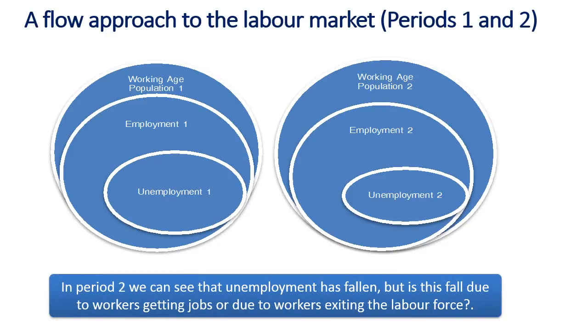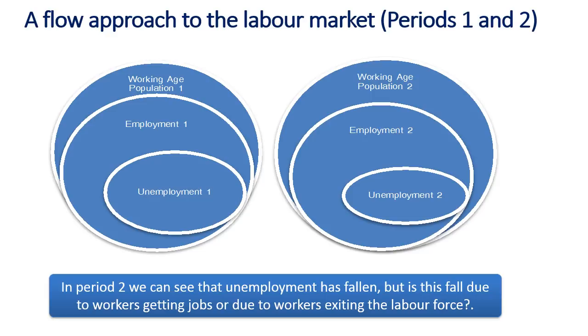What has actually happened here is that the workers have moved from the pool of unemployment in period 1 to outside the labour force. In other words, they've given up looking for work, and it's possible that employment from period 1 to period 2 has not changed at all.